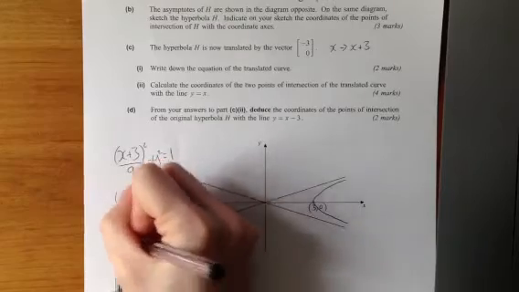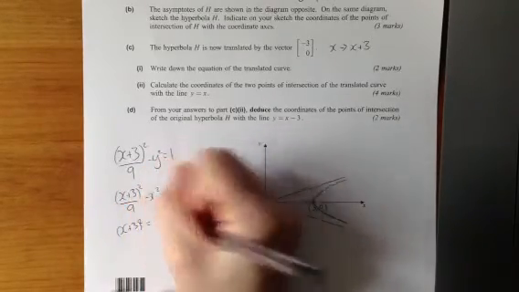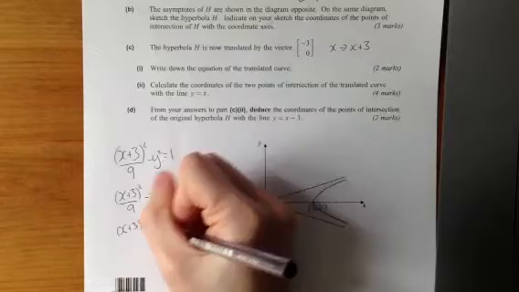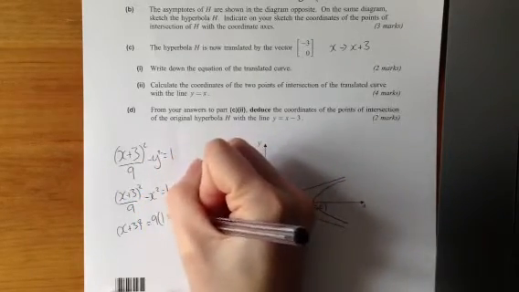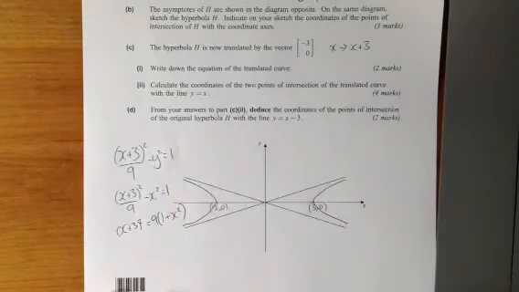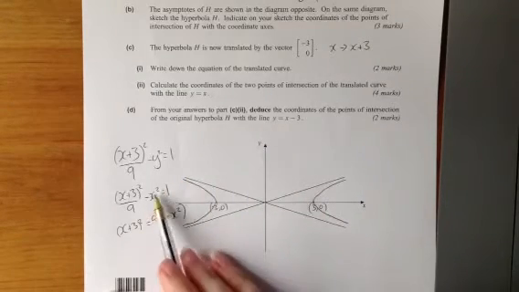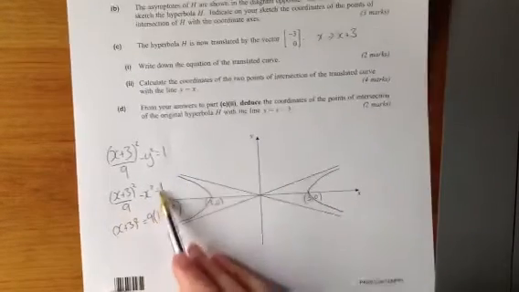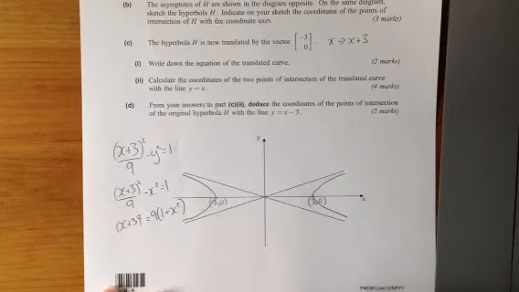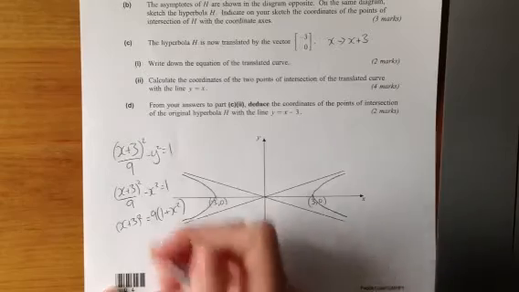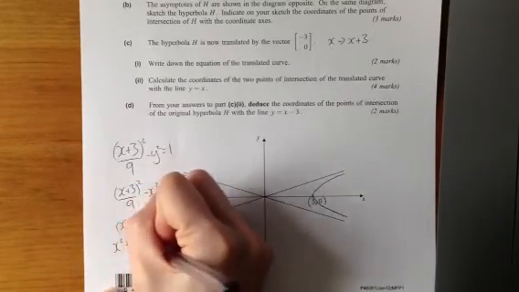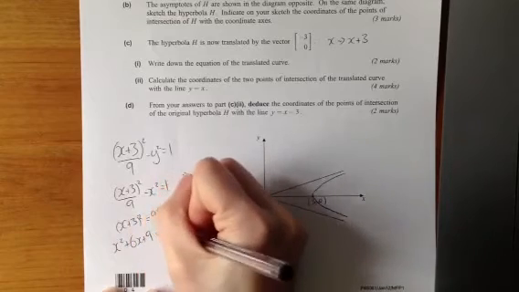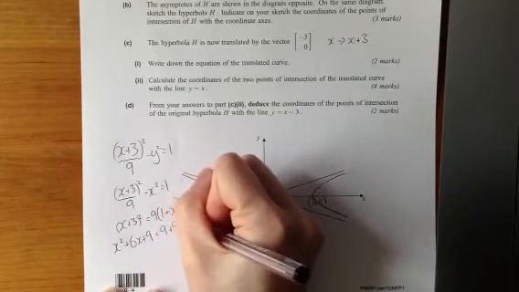So we've got (x plus 3) all squared equals, I'm jumping a couple of steps because I figure you can probably cope with the algebra if you're doing further maths. So I've just taken the x squared over there and then multiplied by 9, and then we're going to do a little bit of multiplying out. So (x plus 3) all squared is x squared plus 6x plus 9, and then that's going to be 9 plus 9x squared.